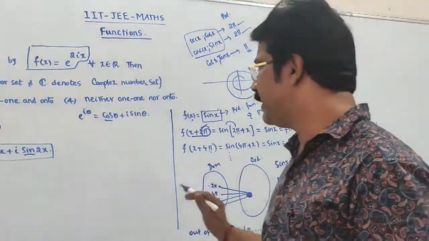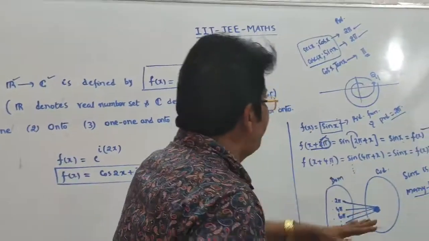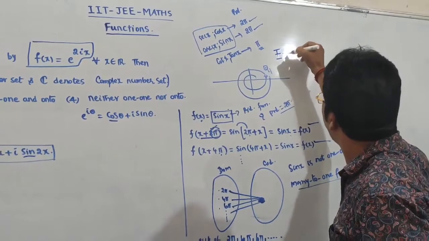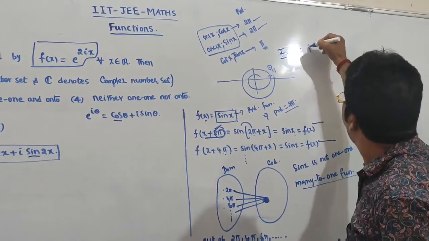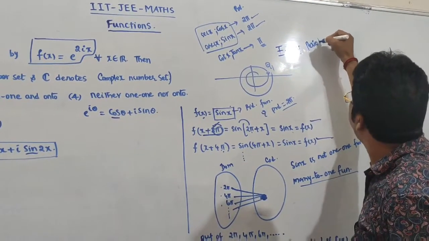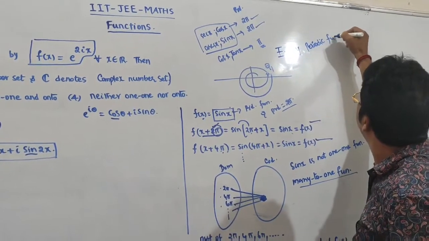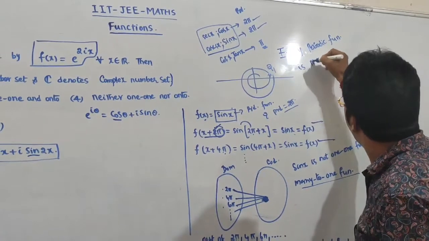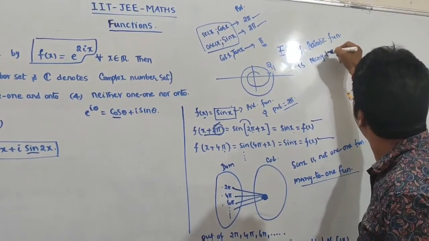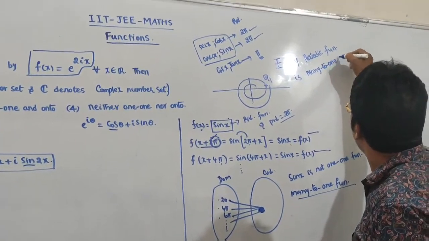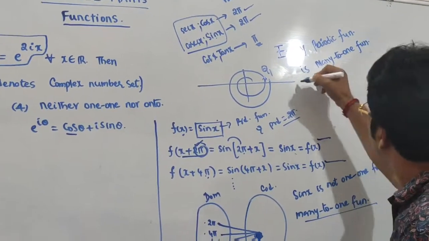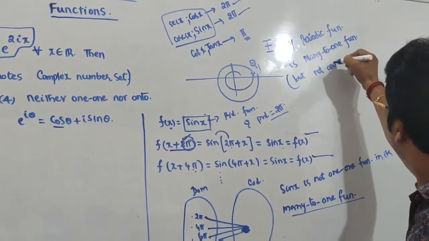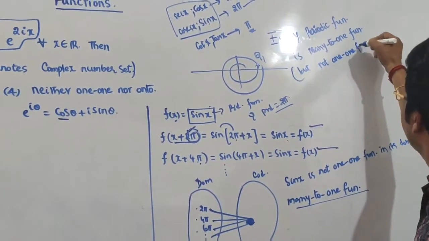So what I am telling is that every periodic function is a many to one function, but not a one-one function.